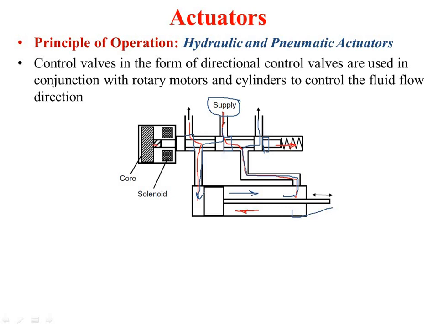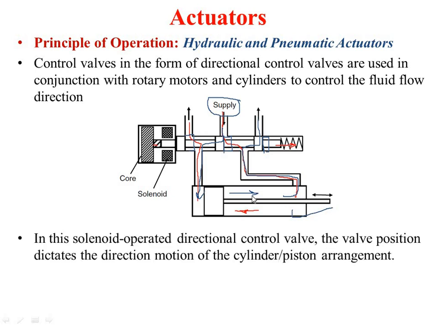The flow control will control the direction according to the solenoid valve. So in the solenoid operated directional control valve, the valve position dictates the directional motion of the cylinder piston arrangement. As I showed you, it shows the piston movement.